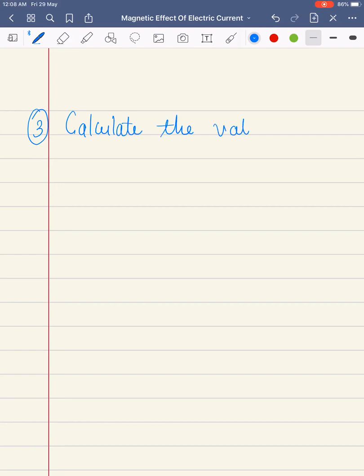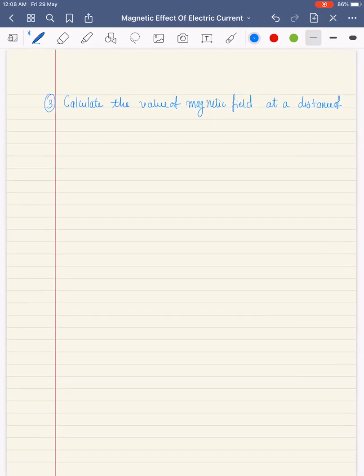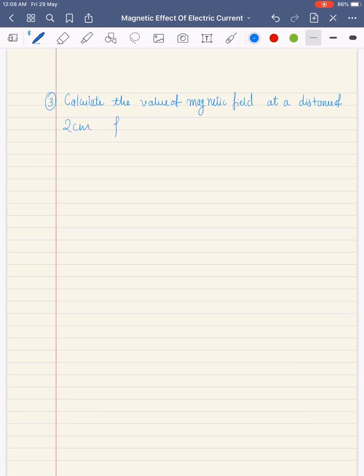Calculate the value of magnetic field at a distance of 2 centimeter from a very long straight wire carrying a current of 5 ampere.